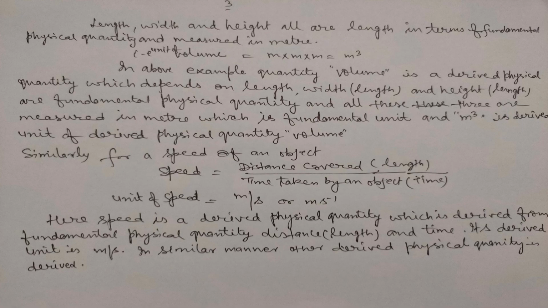So this meter cube is a derived unit, and the volume is a derived physical quantity which depends on length, width which is also length, and height which is also length.